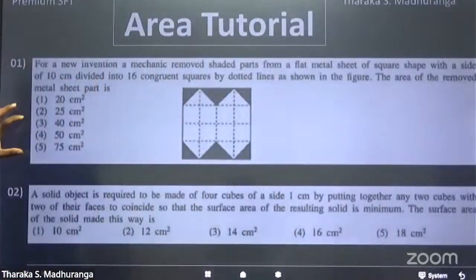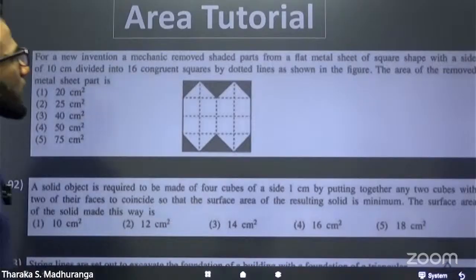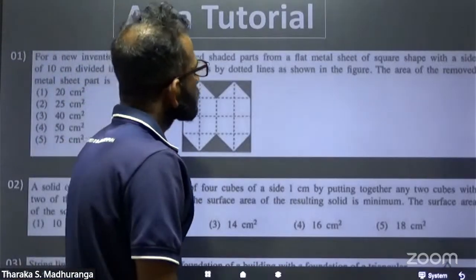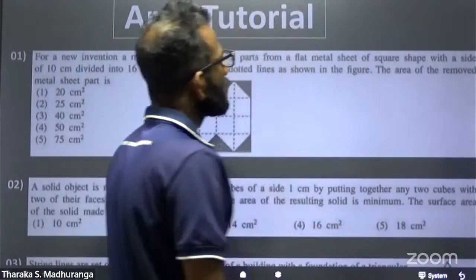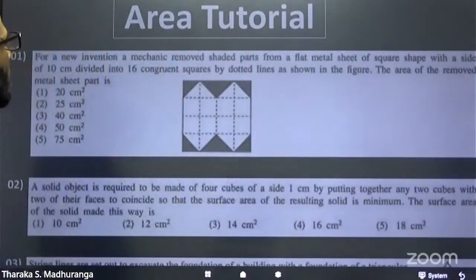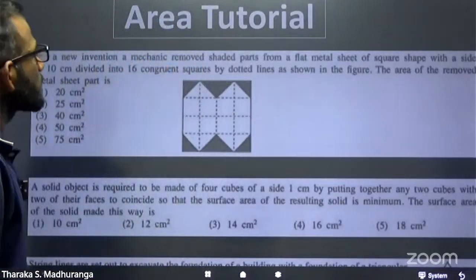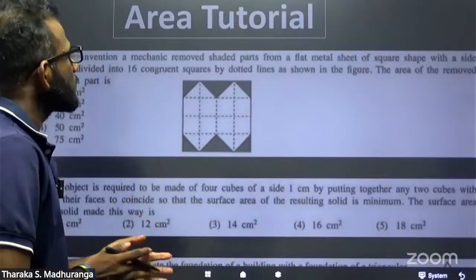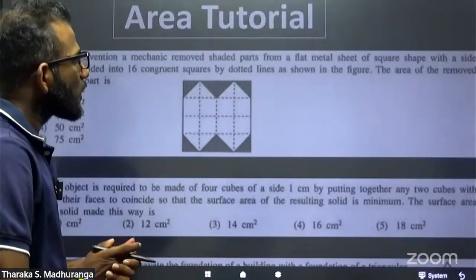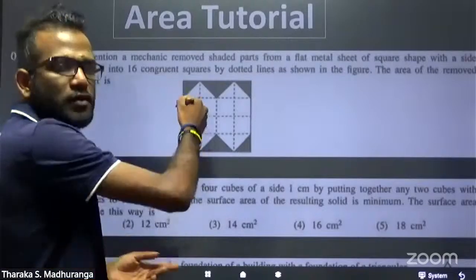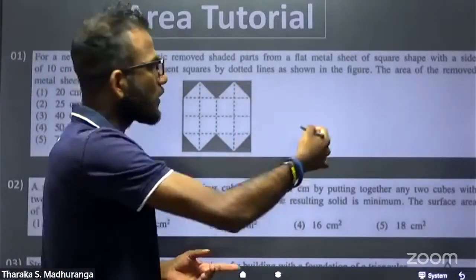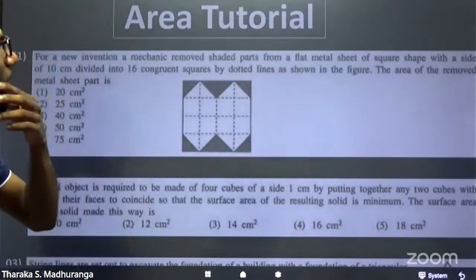For a new invention, a mechanic removed a shaded part from a flat metal sheet of square shape with side 10 centimeters, divided into 16 squares by dotted lines, as shown in the figure.